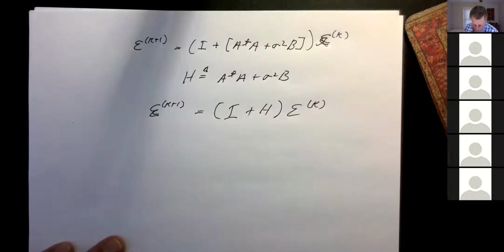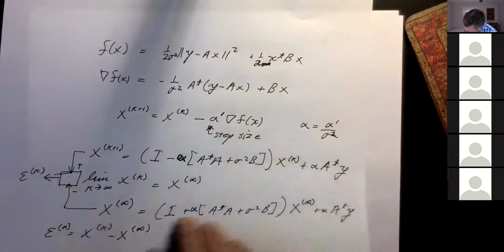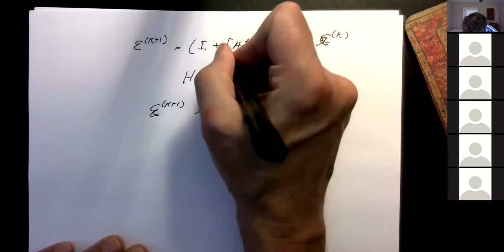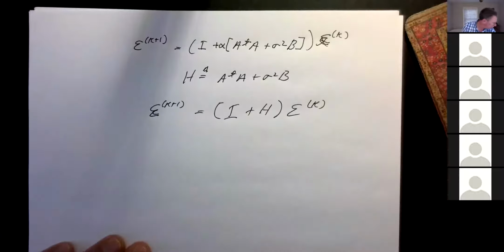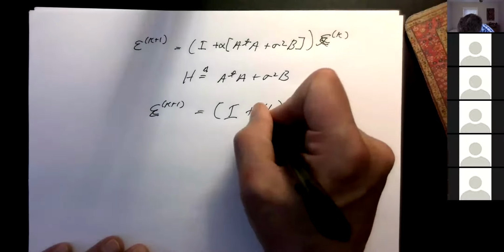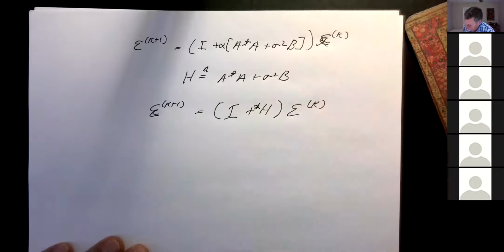I messed something up. I left the alpha out. So there's an alpha here, and then this thing here is alpha H, right? This is alpha H. Oh, but it's a minus. Gosh.